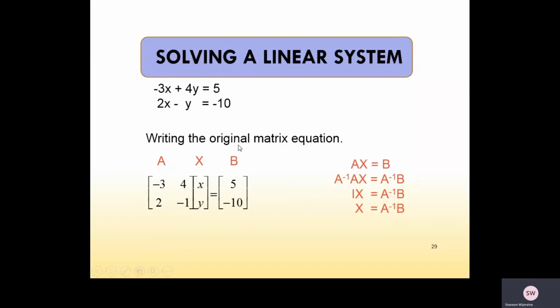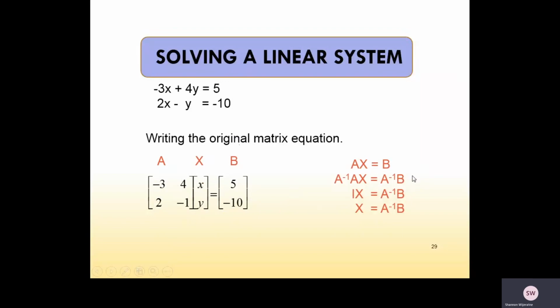After representing these two equations in matrix form, we can write it as AX equals B. Now A, X and B are all matrices. Then we multiply both the left-hand side and the right-hand side by the inverse matrix of A: A inverse AX equals A inverse B. On the right-hand side, you can't write it as B into A inverse because it does not agree with the matrix dimensions.